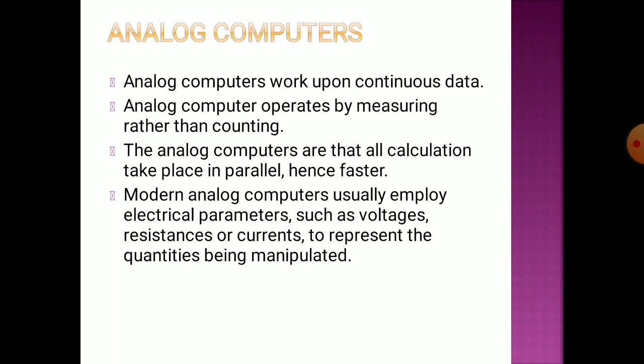Analog computers are computers which calculate in parallel, hence their speed is faster. They calculate the data in parallel, one after the other. So the speed is faster, we can say.